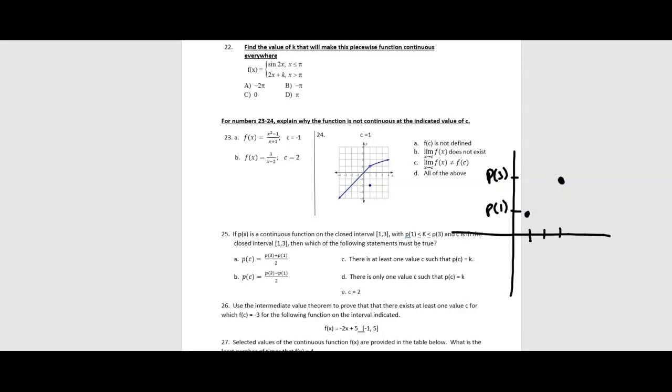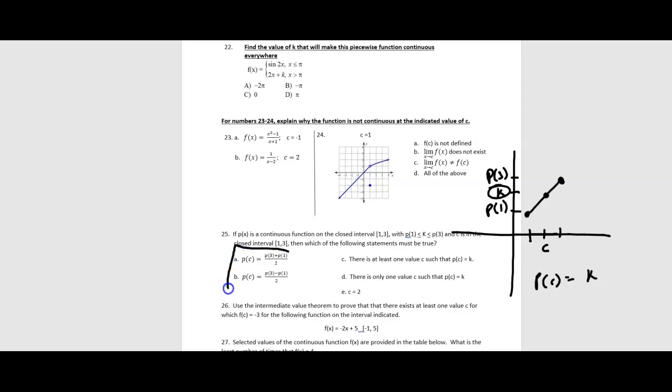And we want to know, is there a value in that closed interval from 1 to 3 where there's some value in between those that if you plugged in c to your p function, it would give you that y value? So which of these seem to make that statement?